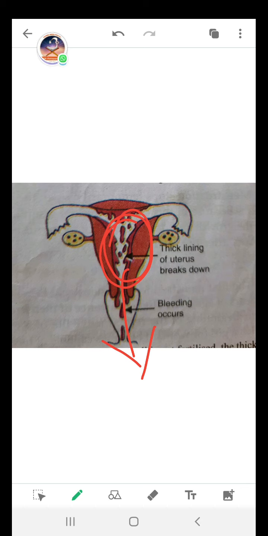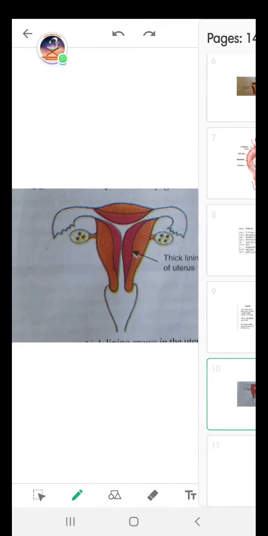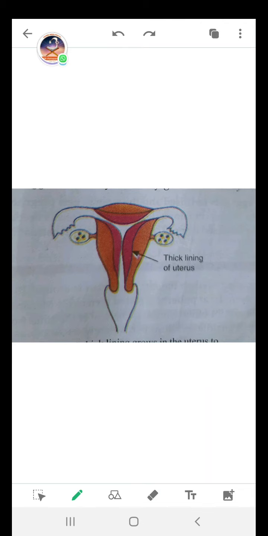After menstruation is over, again the inner lining of the uterus becomes thick to receive the fertilized egg. And if fertilization does not take place, again menstruation occurs.